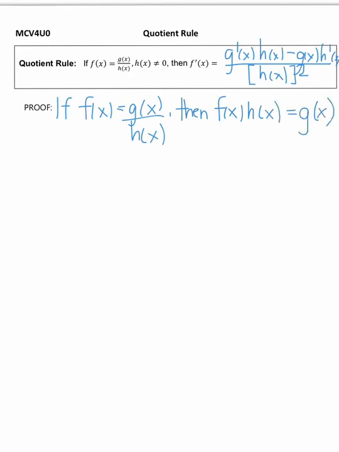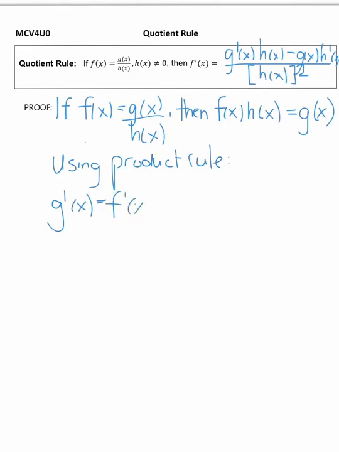And then using the product rule from yesterday, we can say that the derivative of g of x would equal f prime of x times h of x plus, freeze the first function, derivative of the second function.